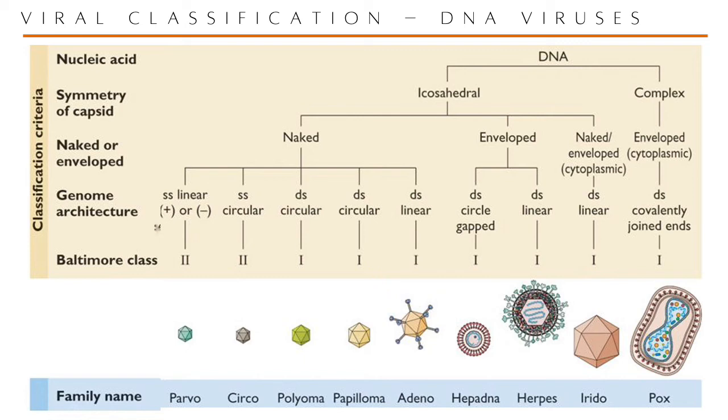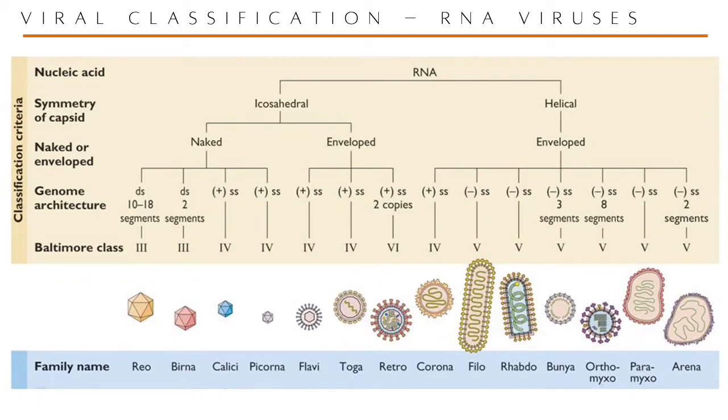Because if you think DNA viruses are a handful, just look at the RNA viruses. You have a lot more families to study, right? And since every virus would have its own viral characteristic, you would know if it's enveloped or naked, if it's double-stranded, single-stranded.